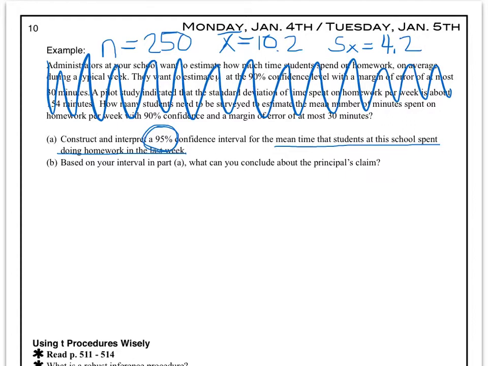If you want to use the name of this confidence interval, it is the one sample t interval for the population mean. So one sample t interval for mu.